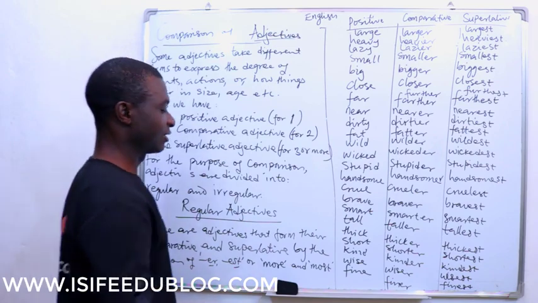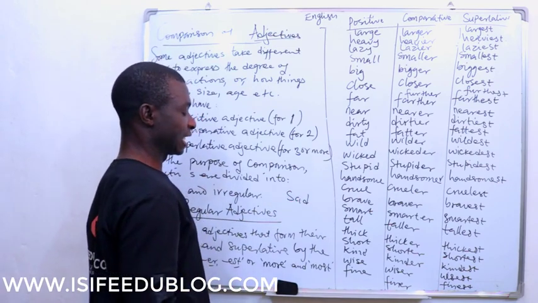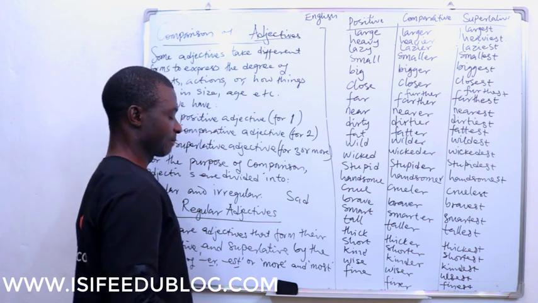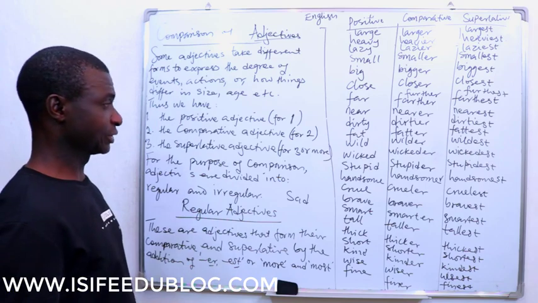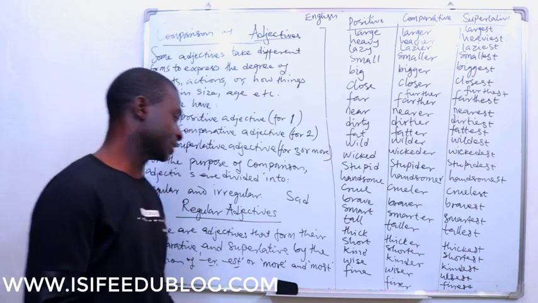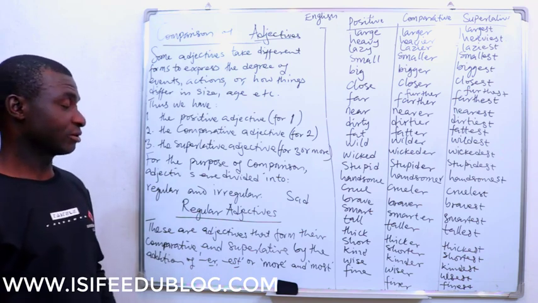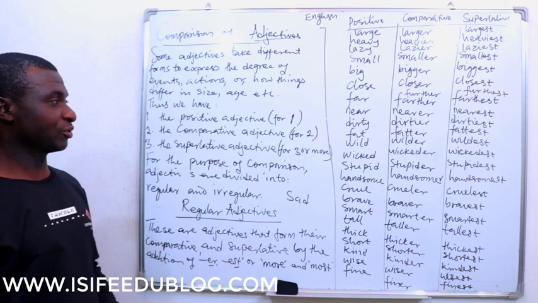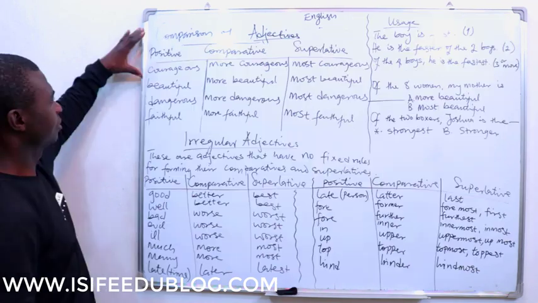You could also have sad, sadder, saddest. Alright? These are some examples of the regular adjectives using er and est. I'll give you more on regular adjectives using more and most.